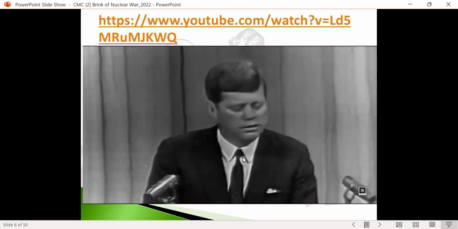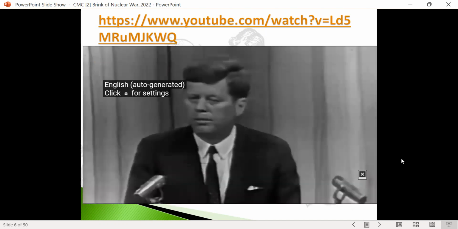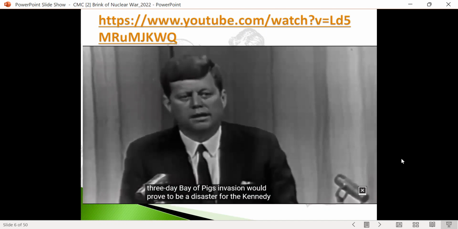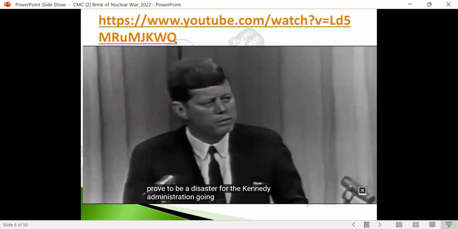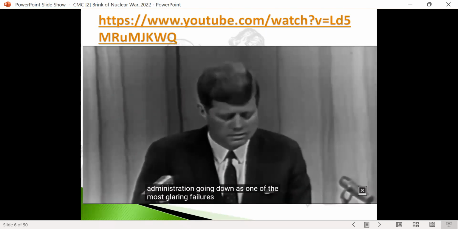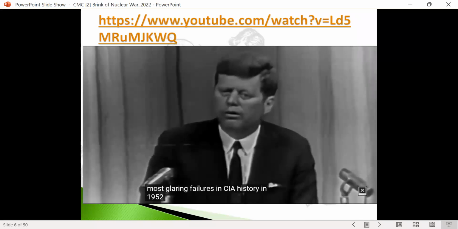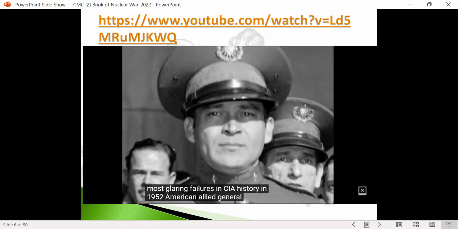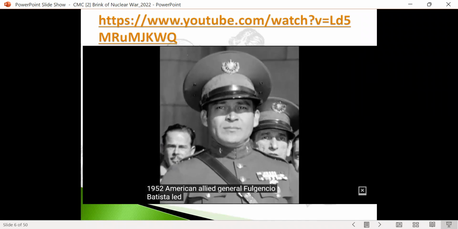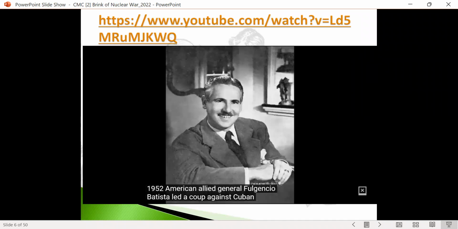Funded by the CIA, the 3-day Bay of Pigs invasion proved to be a disaster, going down as one of the most glaring failures in CIA history. In 1952, American ally General Fulgencio Batista led a coup against Cuban President Carlos Prío, forcing him to flee the island nation into exile in nearby Miami.